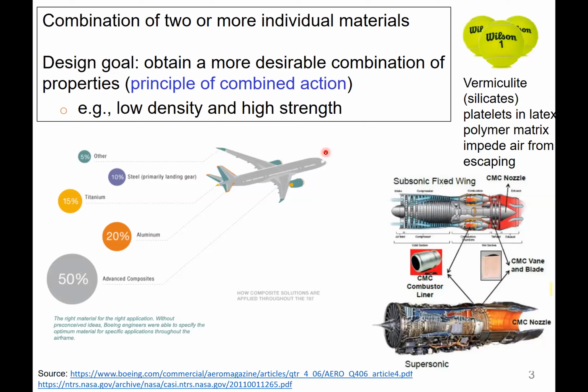In other applications, here you see this turbine where you can have ceramic matrix composites, CMCs, that are used in the blades. There's also nanocomposites that are in everyday household items like tennis balls, where you can have a nanopolymer matrix whose particulates will impede the air from escaping.